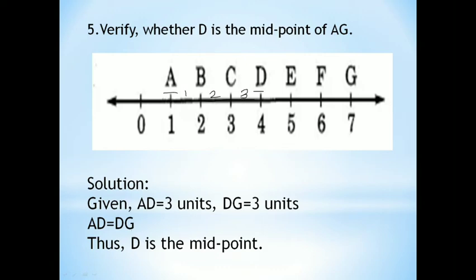So AD is equal to 3 units. And DG, look here, from D to G. Again we can count the units: 1, 2 and 3. So DG is also 3 units. So both have the same measurement. So AD is equal to DG. So we can say that D is the midpoint.